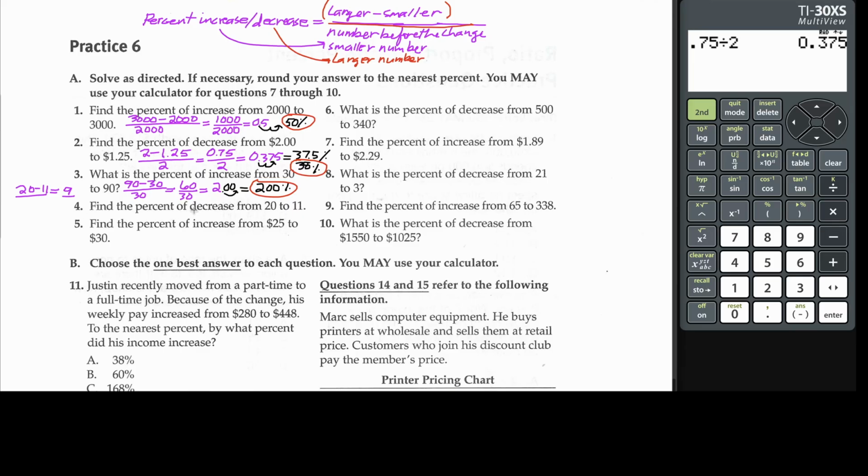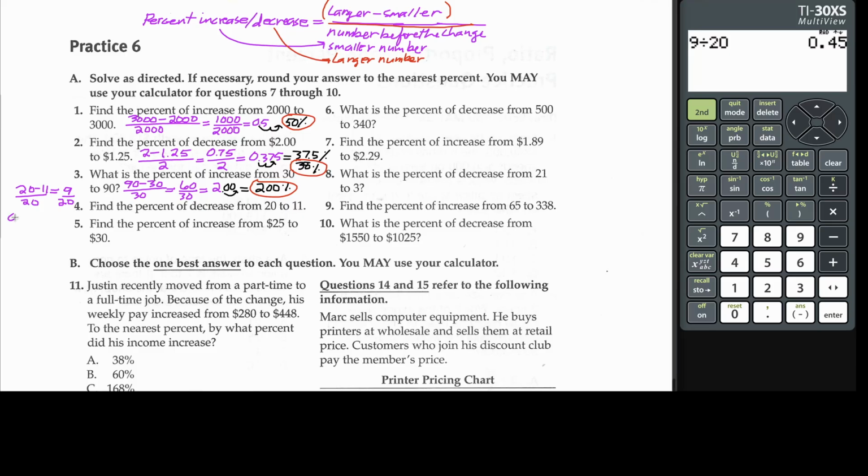Since it's a decrease, the bottom number should be the larger number. Okay, now divide 9 by 20. I'm going to the calculator. Clear that. 9 divided by 20. Enter. I get 0.45.